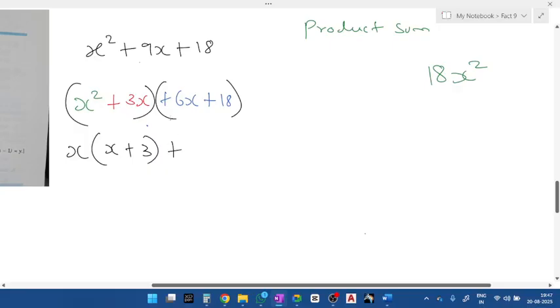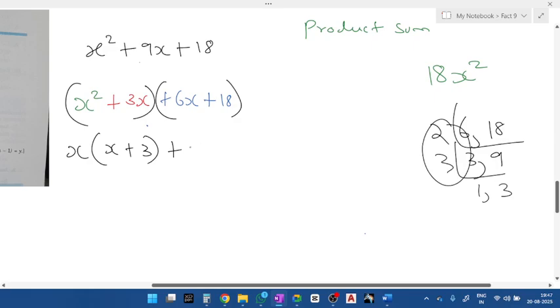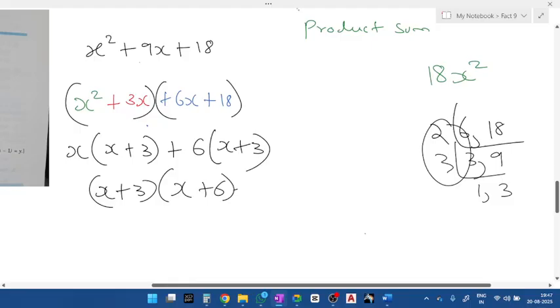Use normal factorization. After that, 6 and 18. How do you factorize 6 and 18? 2 threes are in the next. What is common? So 2 threes are plus. What's the answer? Plus 6.